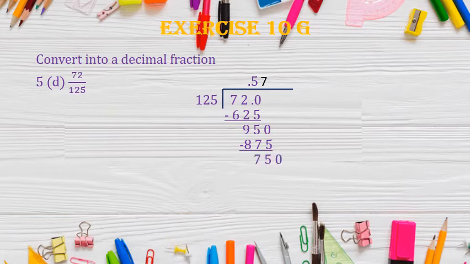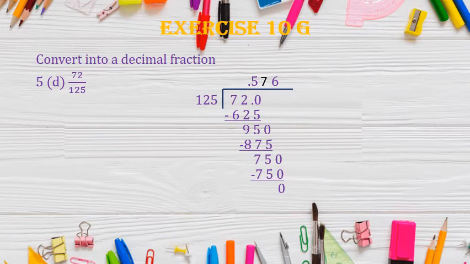We get 75 as the remainder, and we add 0 to 75, it becomes 750, and let's divide 750 by 125. So 125 multiplied by 6 is equal to 750. So in the quotient we will write 6 and 750 subtracted from 750 gives 0 as the remainder.